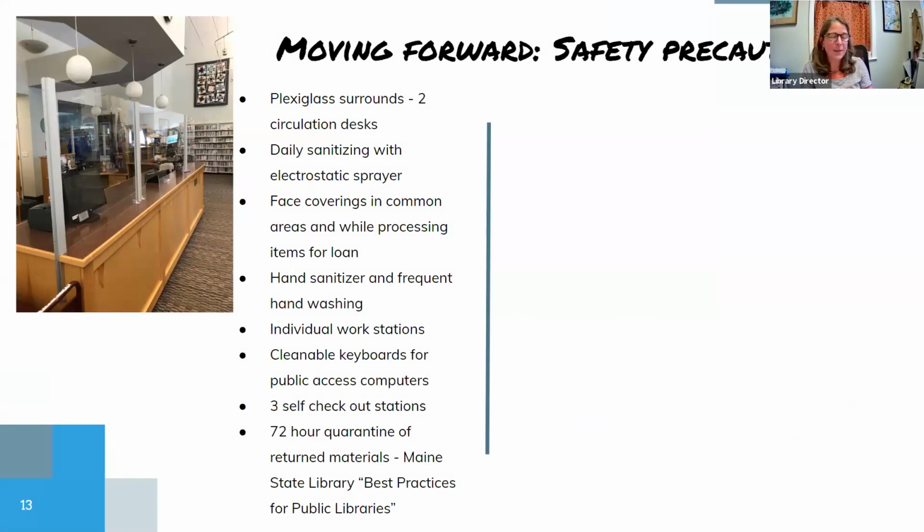Of course, we're washing our hands frequently, using hand sanitizer. We each have our individual workstation, but also cleanable keyboards for public access, as well as whatever shared computers we have. We will have 3 self-checkout stations for when we are eventually opened again. And as I mentioned before, we are quarantining items for 72 hours based on Maine State Library's best practices for public libraries.